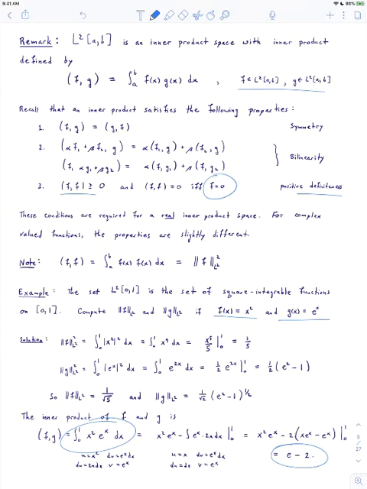So when we talk about a function being equal to 0 in L2, we don't mean that it's equal to 0 everywhere necessarily. There's a certain type of equality which is called almost everywhere equality. So we can say that f is equal to 0 almost everywhere if the integral thinks that it's 0.